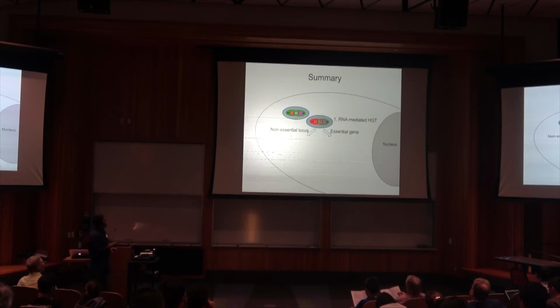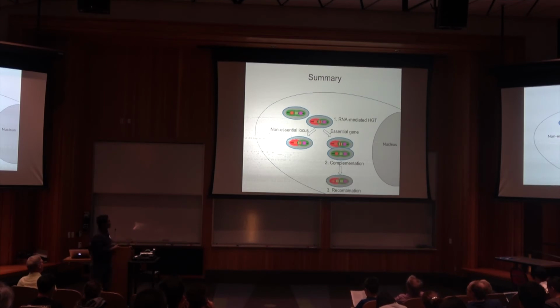And the gene can have two fates. If the integration happened in a non-essential locus, it can replicate by itself, or if the integration happened in an essential gene, the parental virus can complement the clones, and after passaging, these viruses can recombine and duplicate the essential gene.